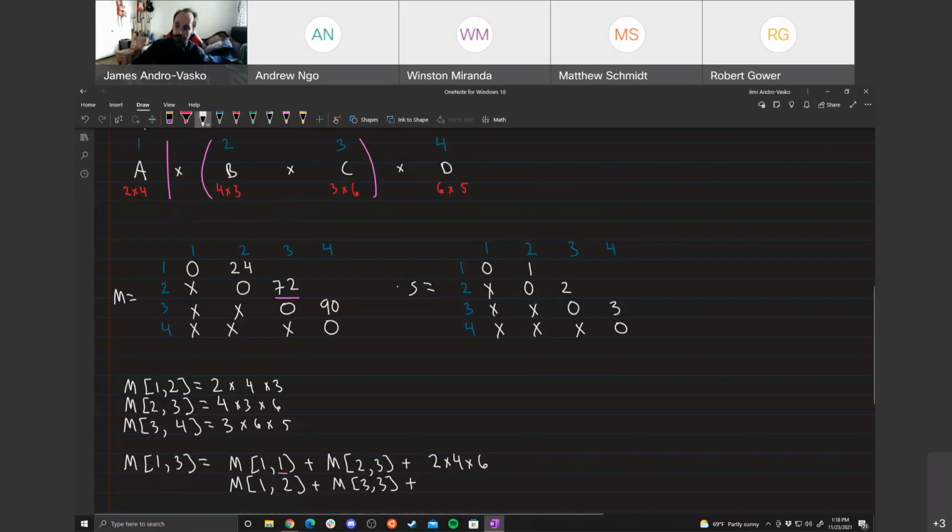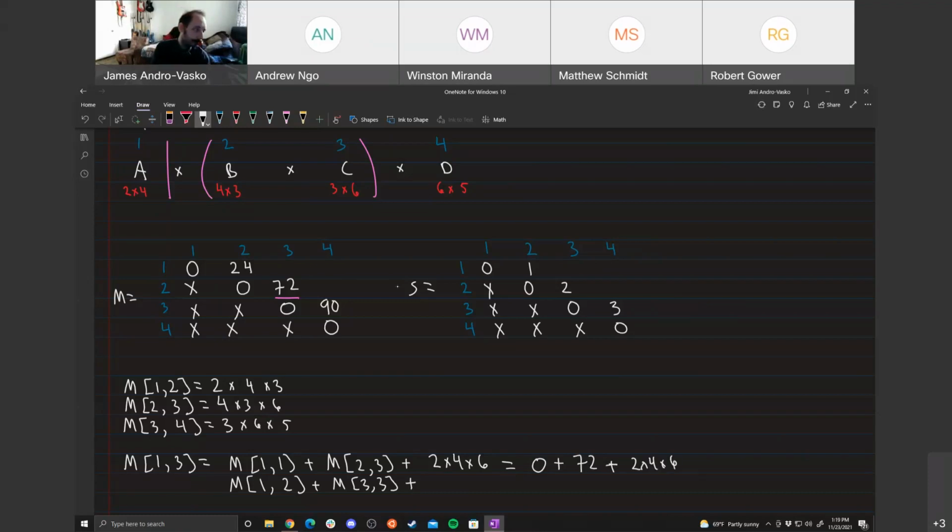Let me double check this, M13 contains 60. I'll write this out first. So M11 is 0 plus M23 in our matrix. Here we have M23 as 72, plus 2 by 4 by 6.